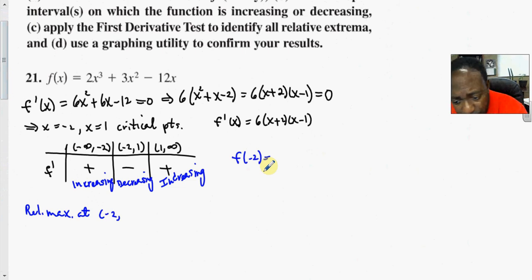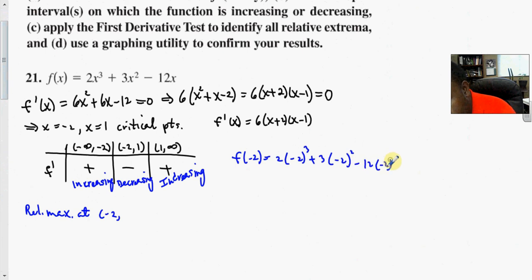f of negative 2 is equal to 2 times negative 2 to the third plus 3 times negative 2 to the second minus 12 times negative 2. And that gives us 20. Now look at 1, it goes down, then it goes up.